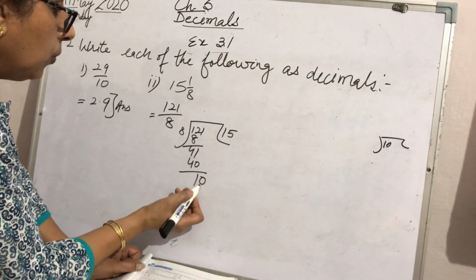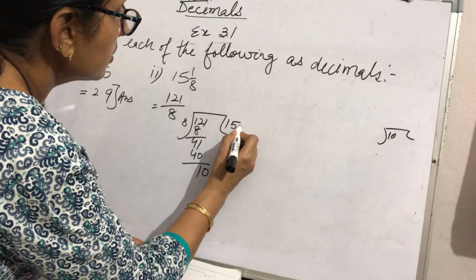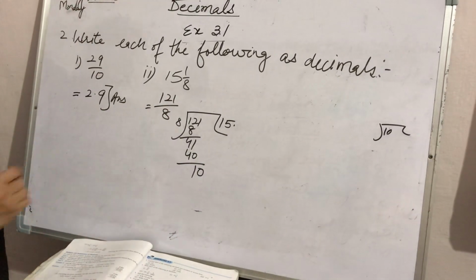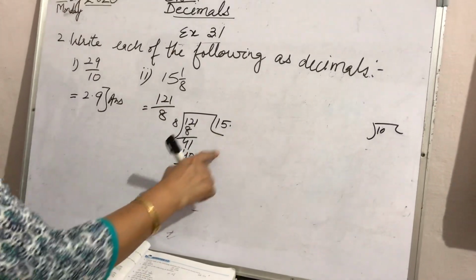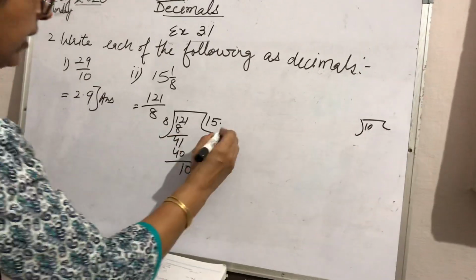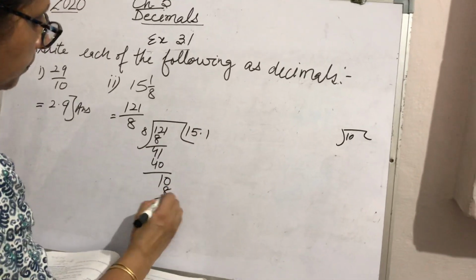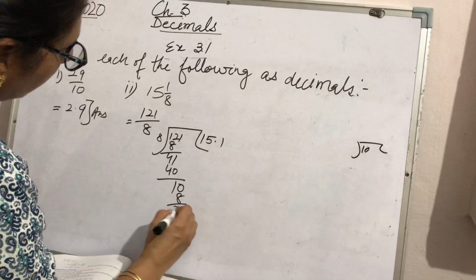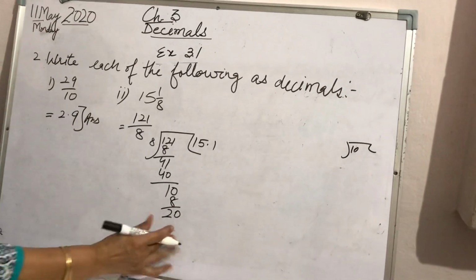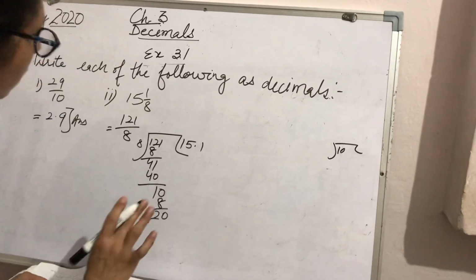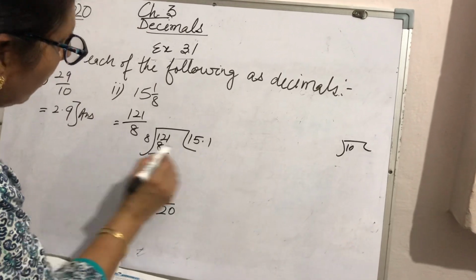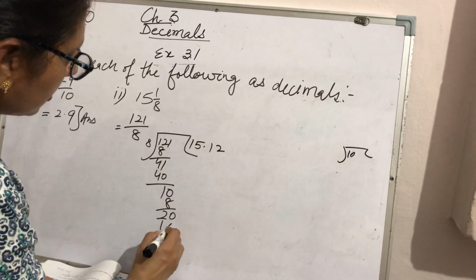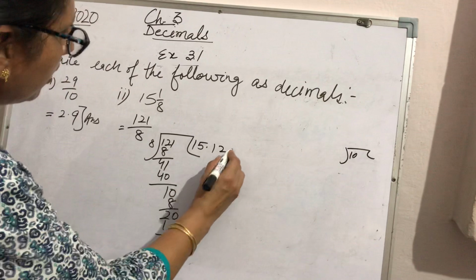When we use 0, we'll use the decimal point at that time. So 8 ones are 8, 2. Now we can use zeros as much as we need. 8 twos are 16, 4, 40, then 5.